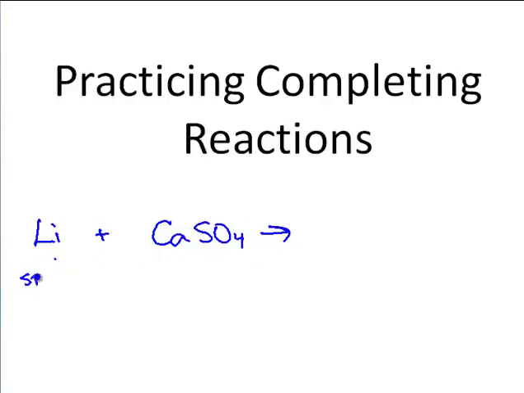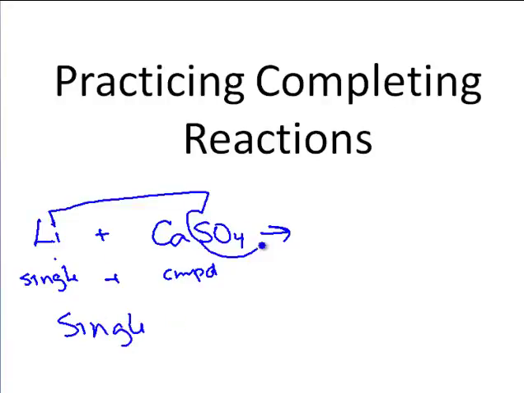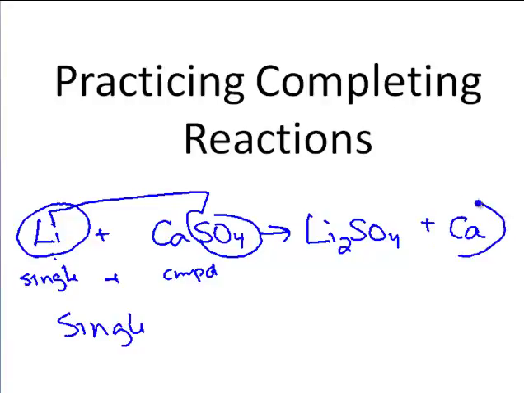I have a single element and a compound. That means it's going to be a single replacement. So that lithium is going to come over and hook up with the sulfate. I'm going to get Li2SO4. I have to redo my formula, plus calcium all by itself. Single element here, single element there.